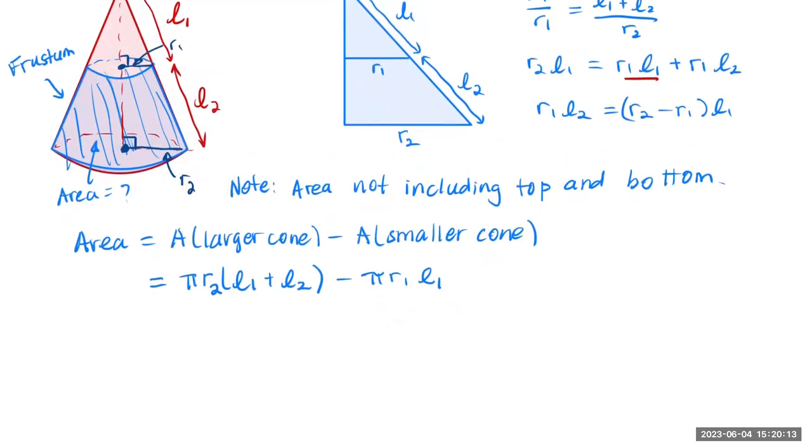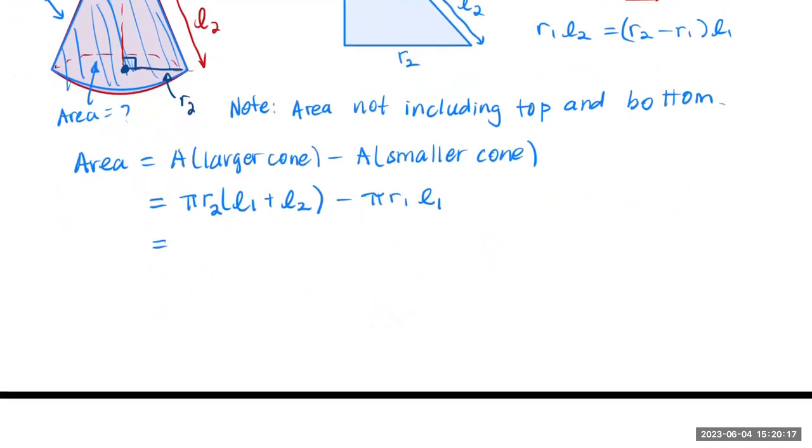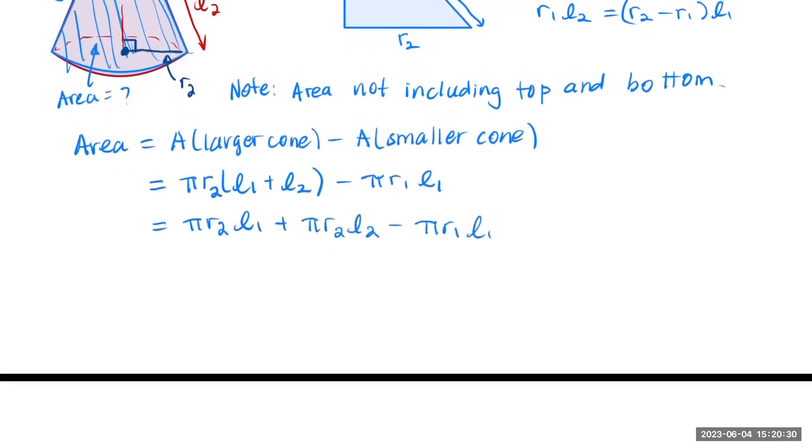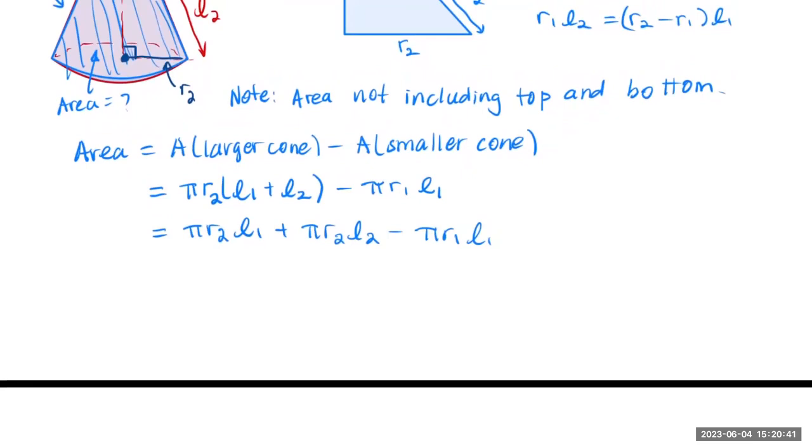Okay, so let's go ahead and expand this. So we have pi R2 L1 plus pi R2 L2 minus pi R1 L1. Let's go ahead and common factor some stuff. So we see that L1 we could common factor.